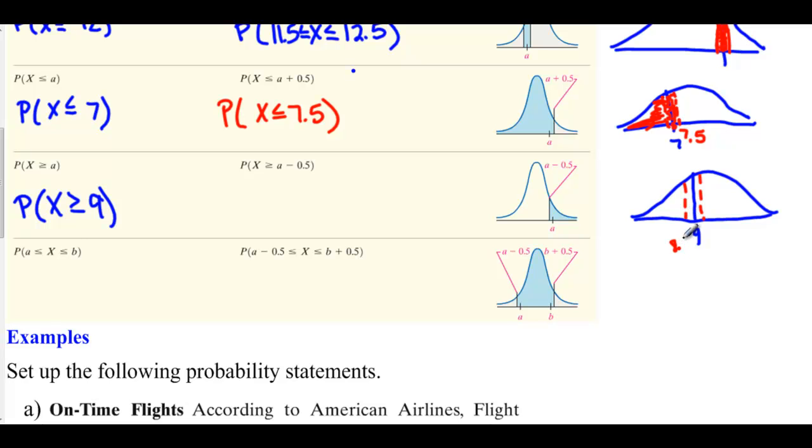So we would have that 8.5 here, and then to 9.5, and that's if we were calculating the area for just 9. Well, it wants everything that's equal to and greater than 9. So we want not only the 9, which would have been this area to begin with, but also everything greater. So instead of it being the probability of x being greater than or equal to 9, it's going to be the probability that x is greater than or equal to 8.5.